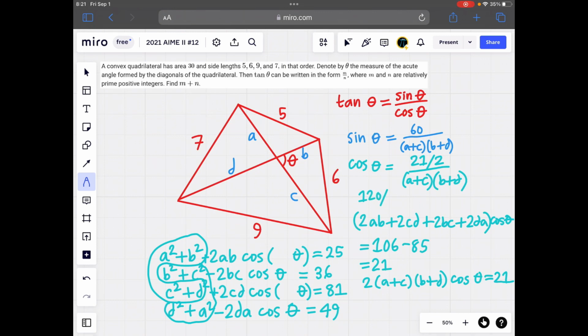And that's equal to 120 over 21, which is equal to 40 over 7. And it can be written in the form m over n, where m and n are relatively prime positive integers. Here m is 40 and n is 7. What is m plus n? That's 40 plus 7. It is 47.